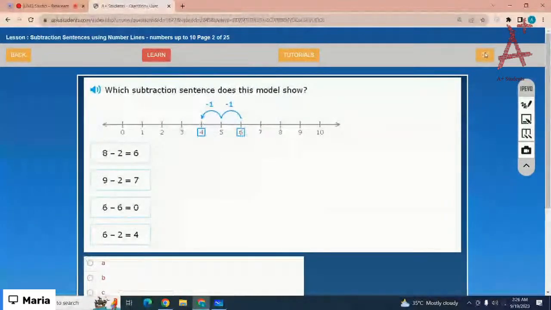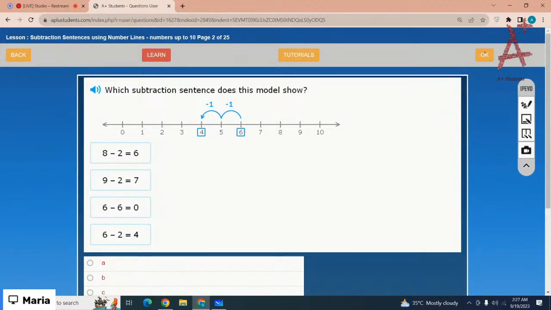Which subtraction sentence does this model show? So which is the correct option? So you started with 6, right? And you go back by 2 and you ended up with 4.